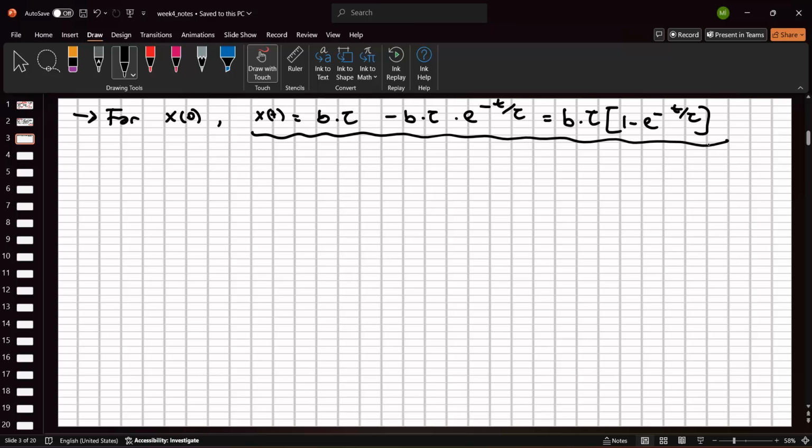No. Huh? What's the value of the x0 at this solution? x(t) is equal to b tau minus b tau e blah blah blah. What is the x0? Yes. 0.